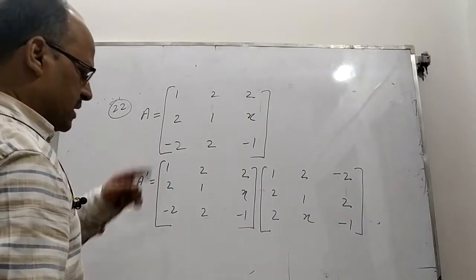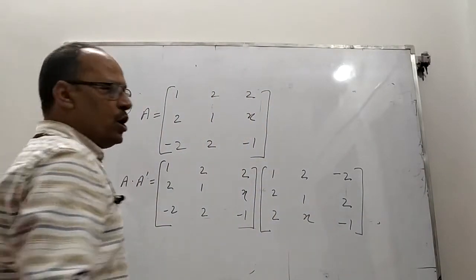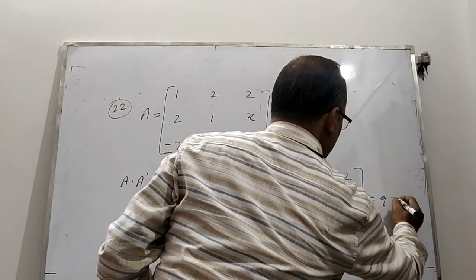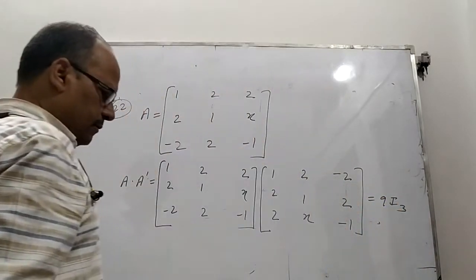Now we'll get the product of this, and that is given equal to 9 times the identity of the third order.